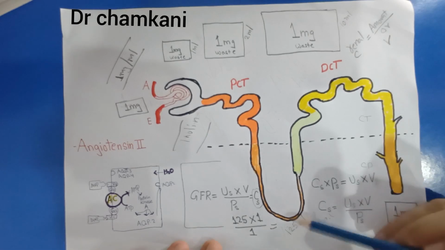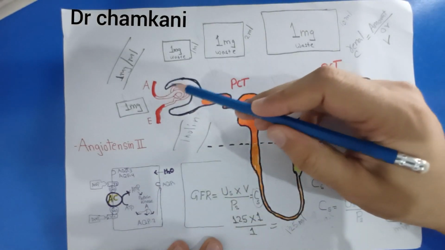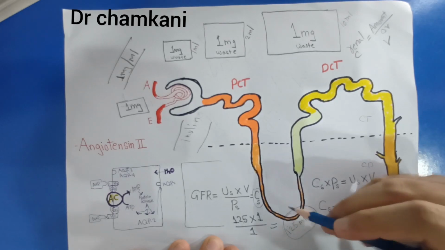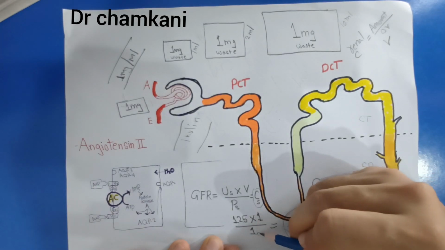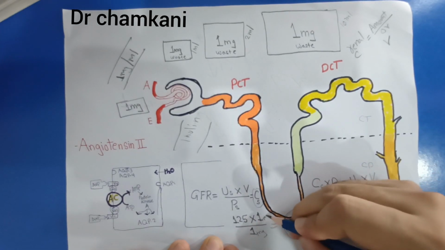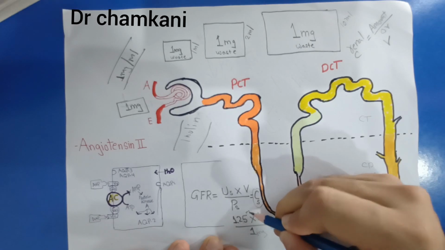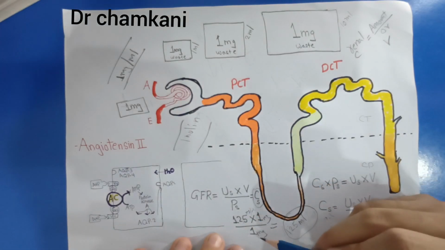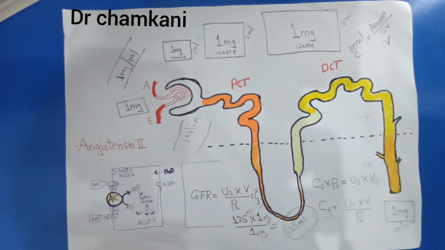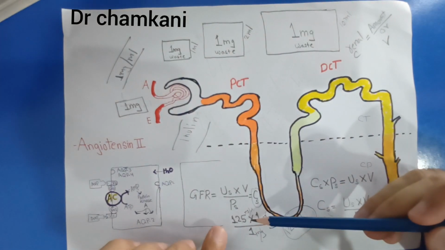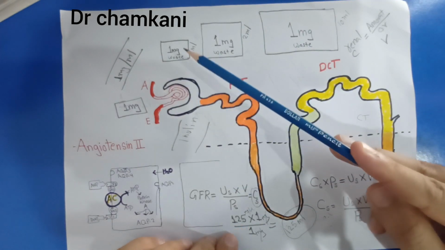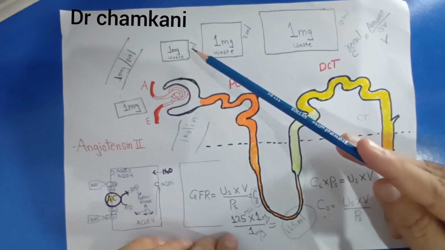But why are we saying that the glomerular filtration rate in 1 minute is 125 ml? Because we measured the amount of inulin in plasma, and that was 1 milligram per ml.